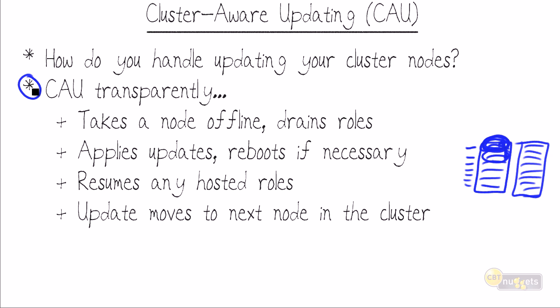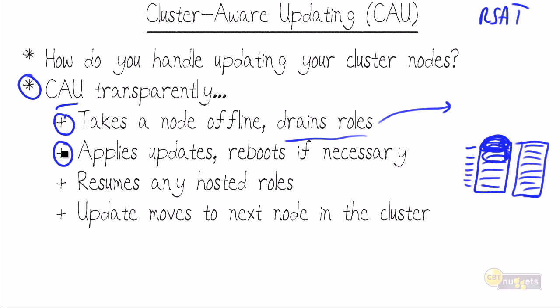Now, you can manage cluster-aware updating from your administrative workstation. You could use the remote server administration tools. It's actually, CAU is part of the failover cluster administrative tools. Or you could actually set up CAU within the clusters on one of your nodes and have it be a self-updating deal. But essentially what's happening is that CAU transparently will one by one take a node offline and drain any roles to another box.